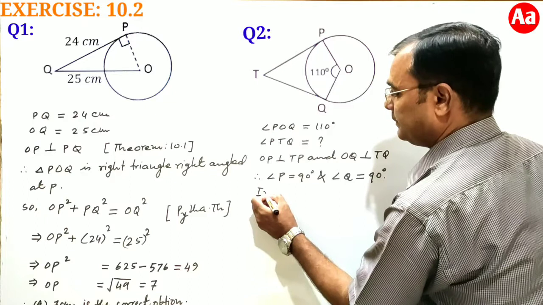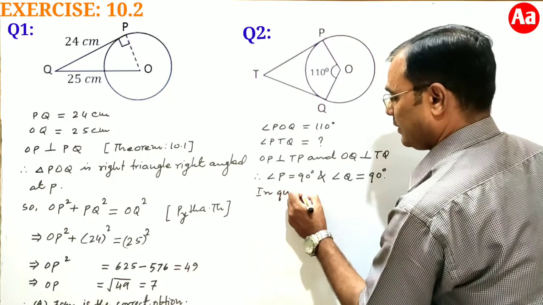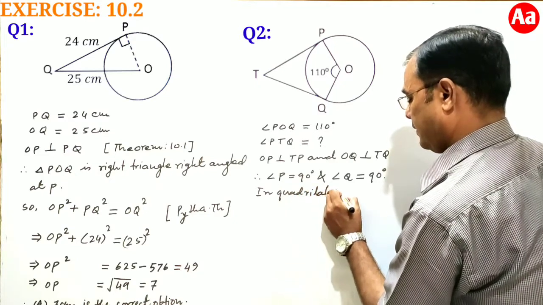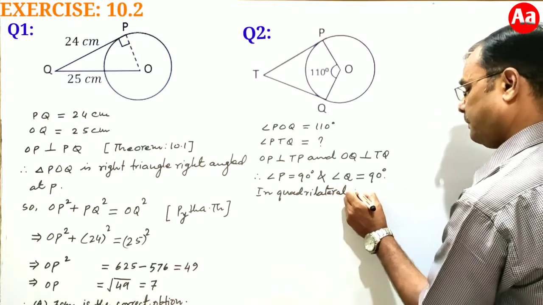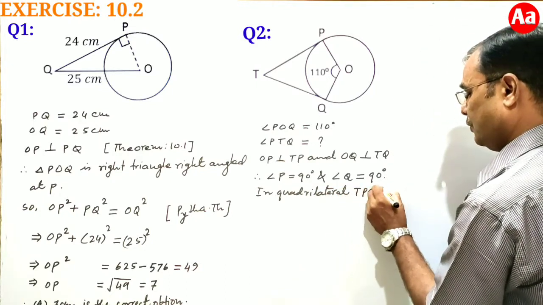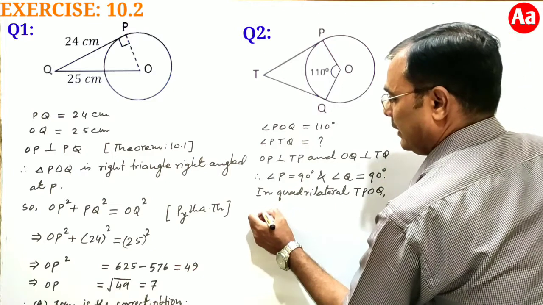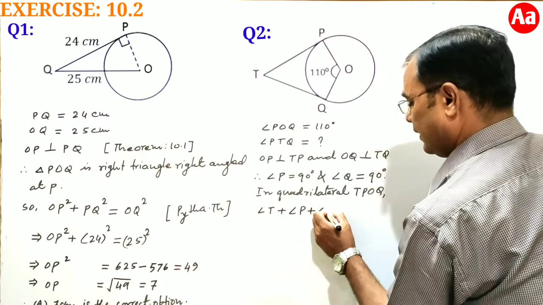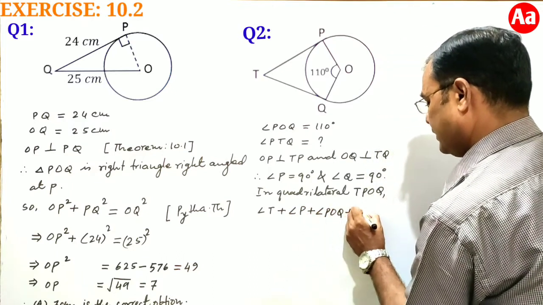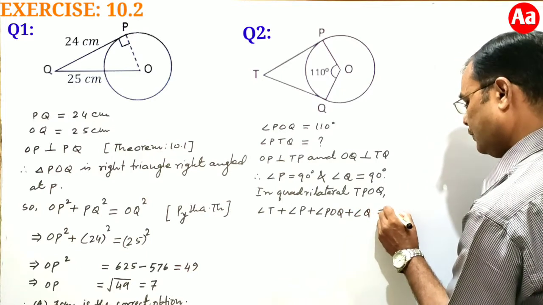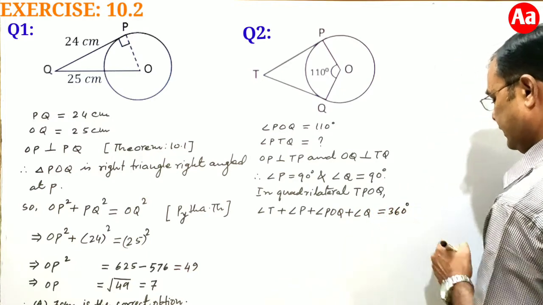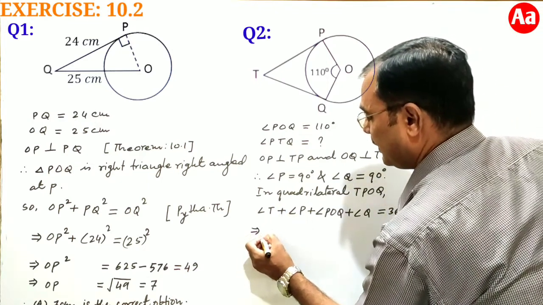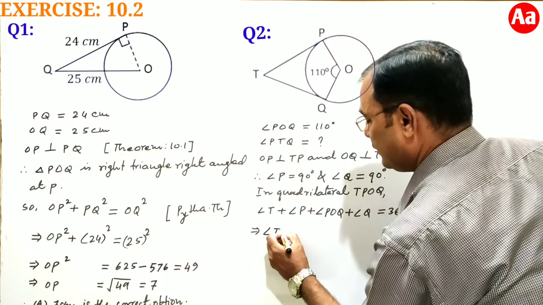In quadrilateral TPOQ, angle T plus angle P plus angle POQ plus angle Q is equal to 360 degrees. This is angle sum property of a quadrilateral, and this implies angle T we have to find out.